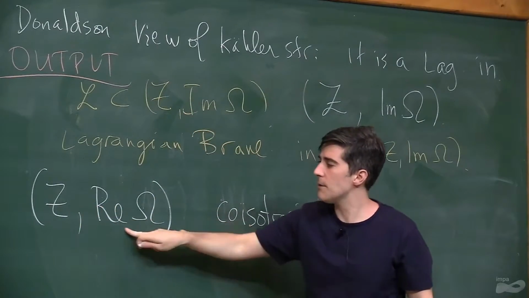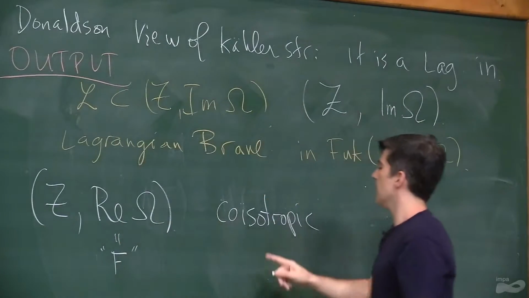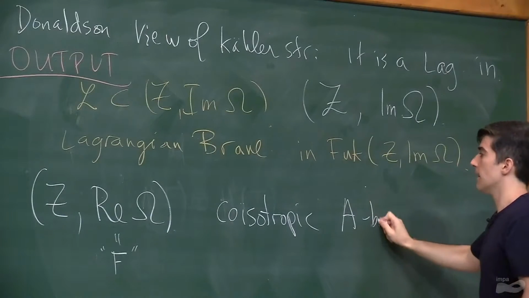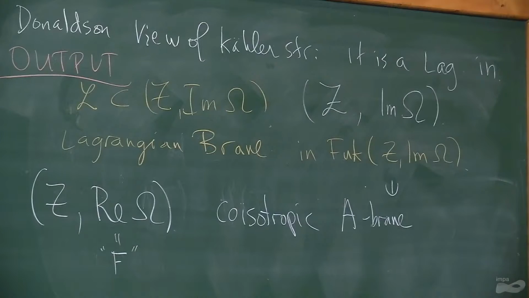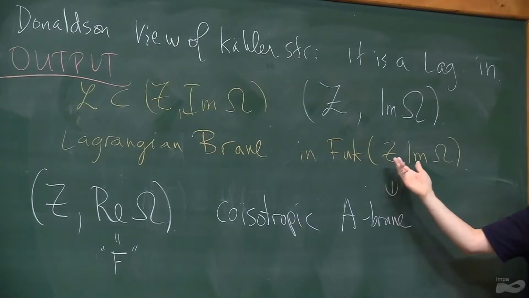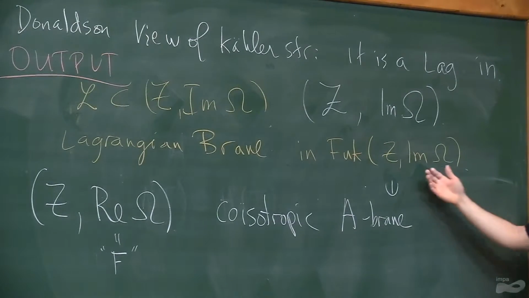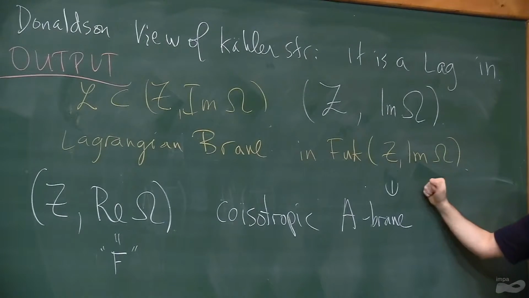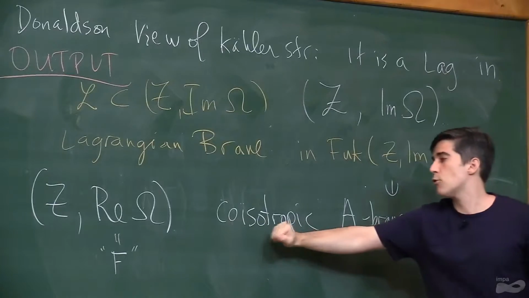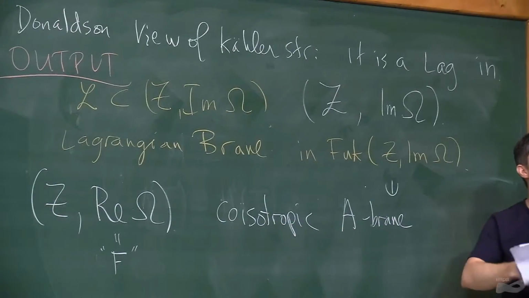But the fact that it's equipped with this two form, usually called F, makes this a coisotropic A-brane, which is also an element in this Fukaya category. So normally, when people speak of objects of the Fukaya category, they refer only to Lagrangians. But it's been known for almost 20 years that there are other objects in the Fukaya category, and those are coisotropic objects.